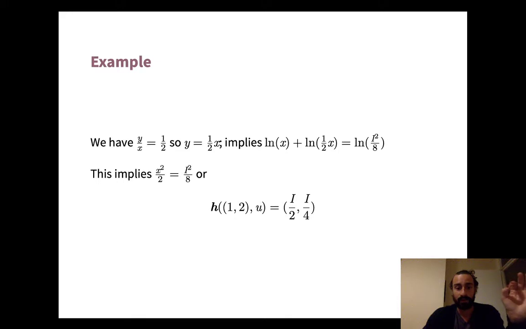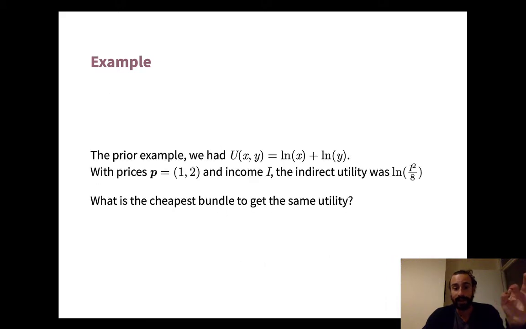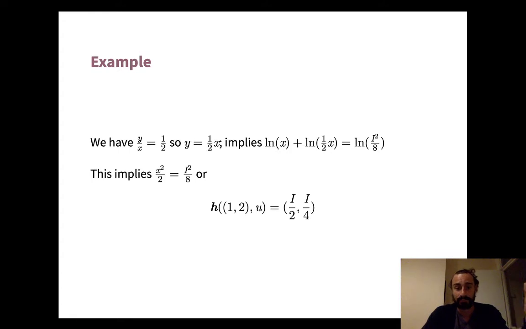So what did we do? We took an income I and we asked, what is the utility value of that income in the Walrasian world? That was ln of I squared over 8. Then we set that as our utility target, and we asked, what's the cheapest way to generate that utility? And it turns out the cheapest way to do it is the Walrasian demand. In other words, given the utility that's generated in the Walrasian problem, you're acting as an expenditure minimizer.